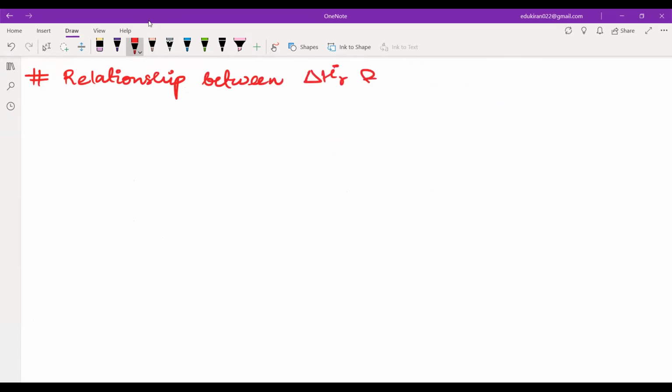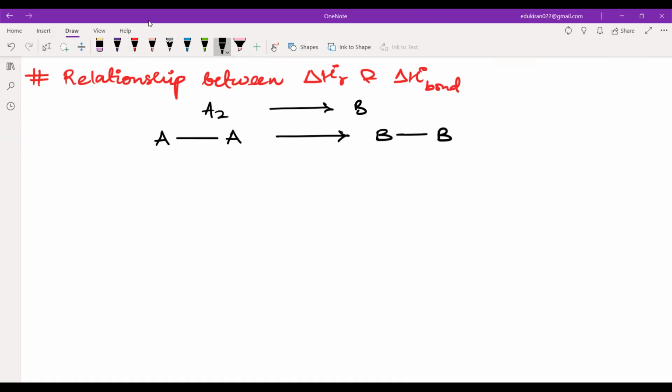The relationship between the enthalpy of reaction and the bond enthalpy. We'll start with a simple reaction and then generalize. So I'm going from A2 to B2, correct?